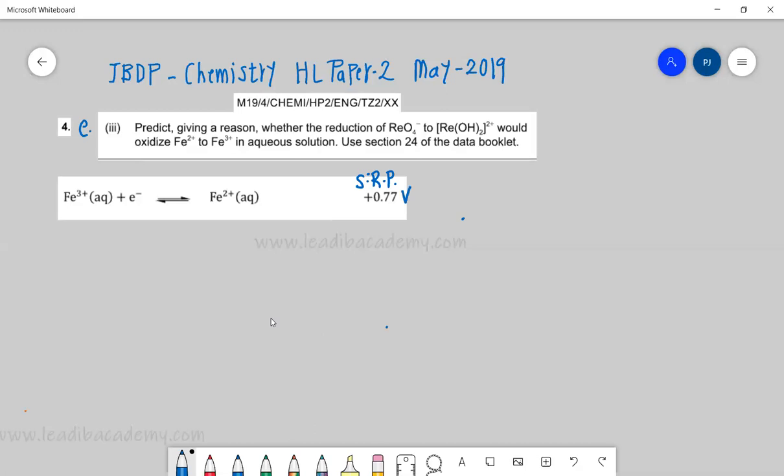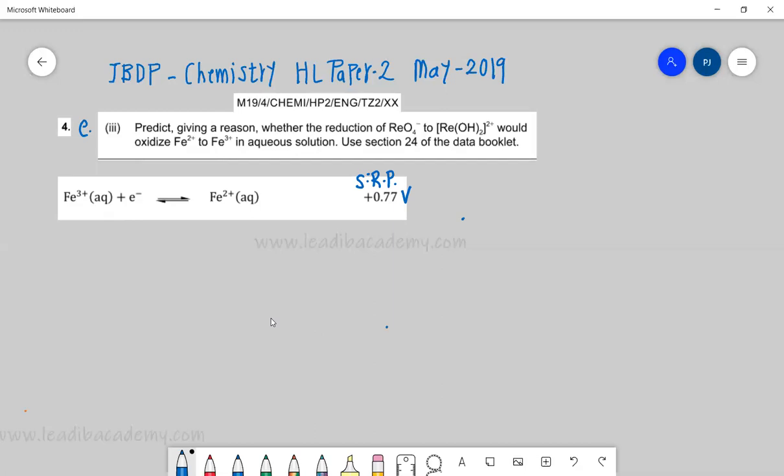Okay, and always remember that typically all these reactions, these are redox reactions, they are being shown only as a reduction, while explaining this standard reduction potential.